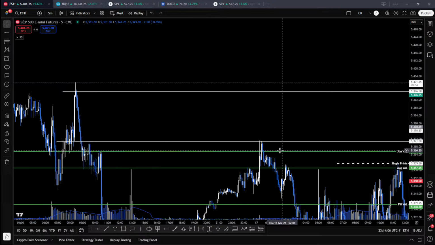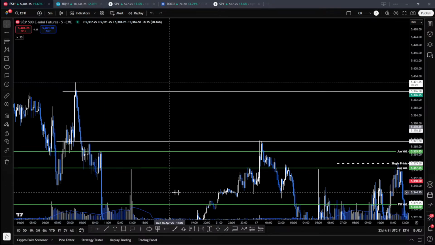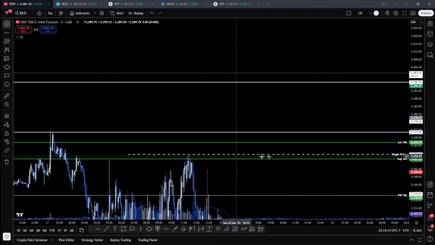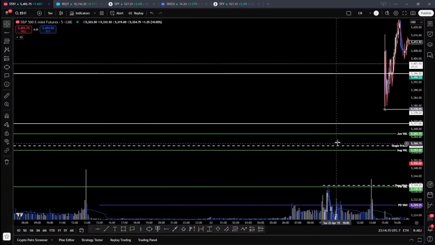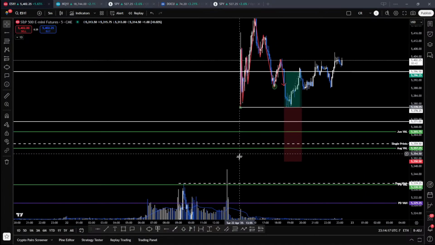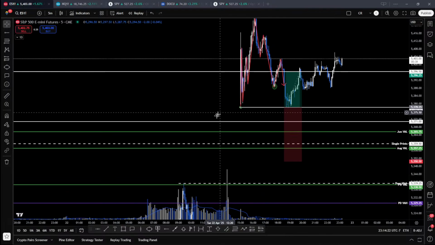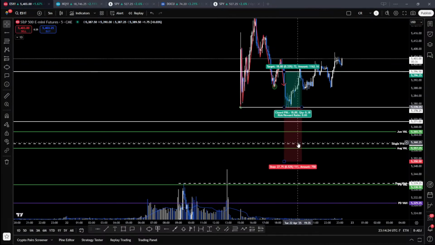We got basically our SR flip here, support broken through, resistance. I don't know that it gets tested more. Well, we gapped through it, and we talked about that, right? Any level that we gap through, we automatically identify as a strong level.